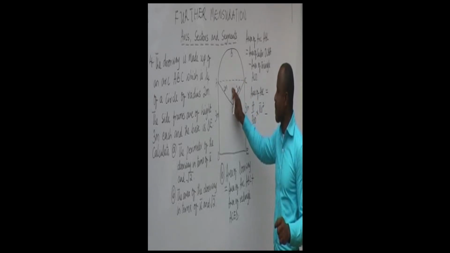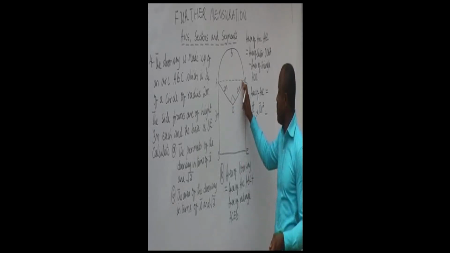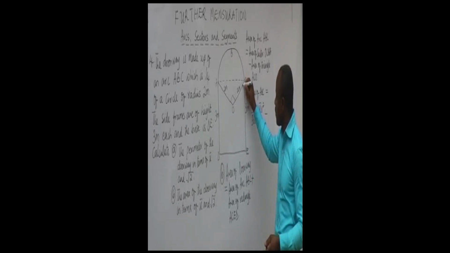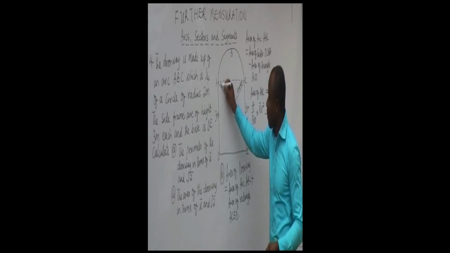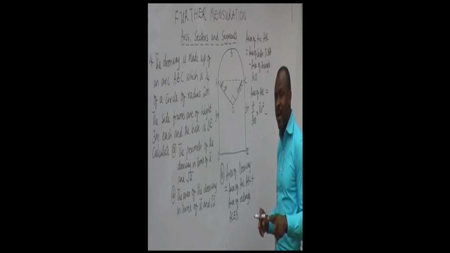Remember, this is a right-angled isosceles triangle. These base angles are 45 degrees each, because they are the base angles of an isosceles right-angled triangle.